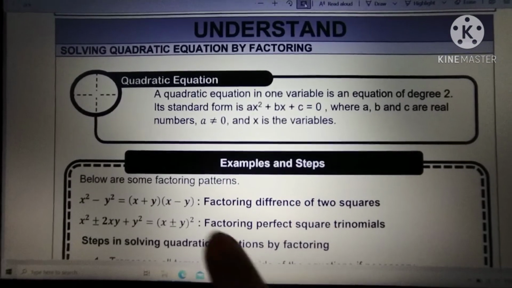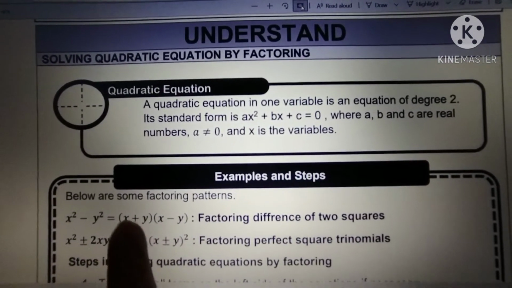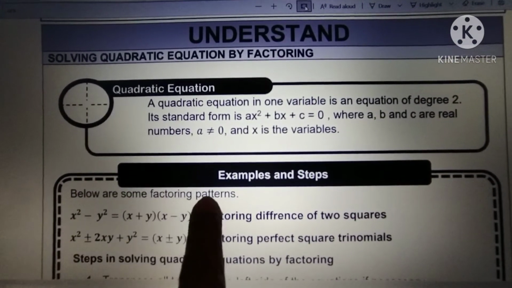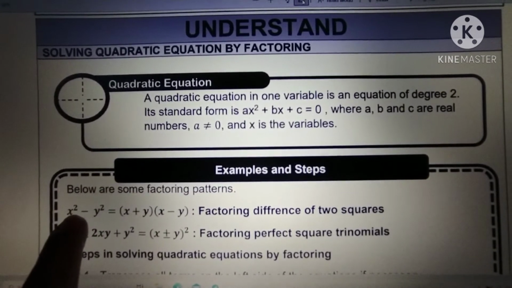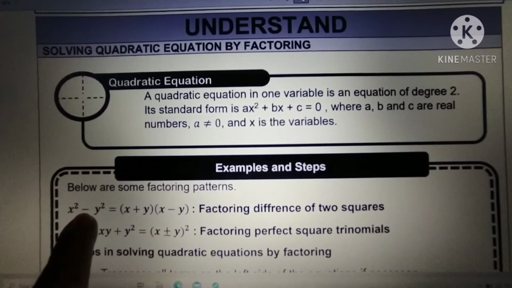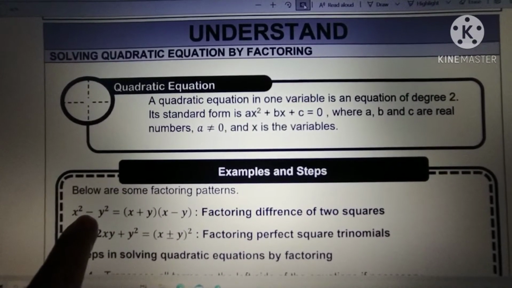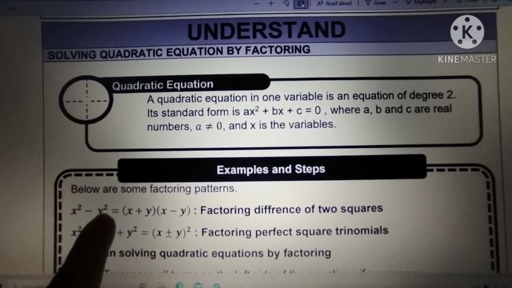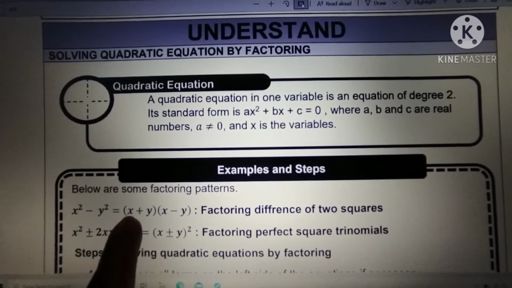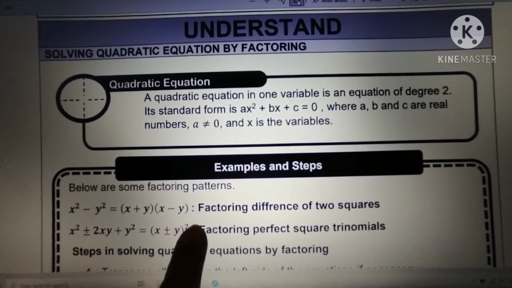Next, we have the factoring patterns. If the given is the difference of two squares, the factors are just x plus y times x minus y.